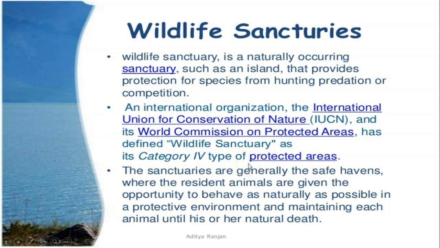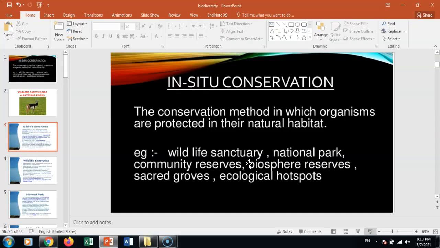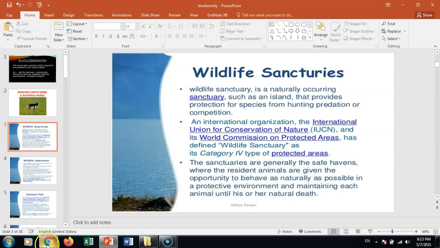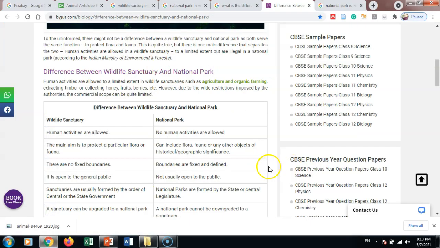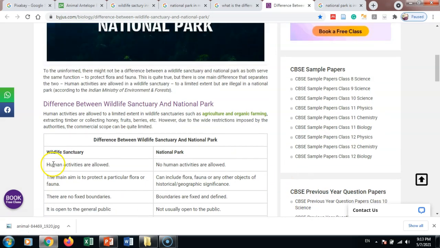Okay, let's go towards the Chrome Plus. From that, you can easily understand the difference between the two things, wildlife sanctuary and national park. Okay, let's read it.